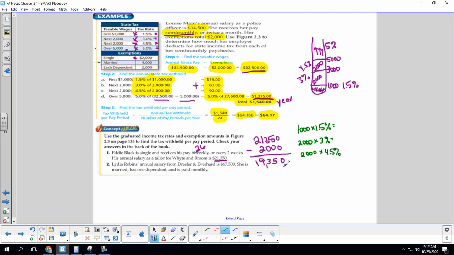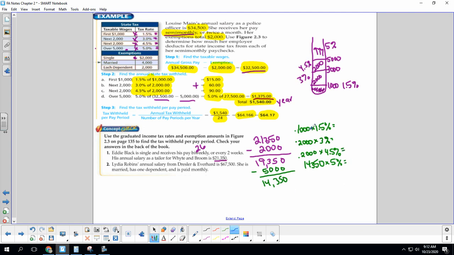And anything over, so we're going to have to minus out the 5,000 because we've already taken it into consideration. So this would be 14,350. We pay 5%.